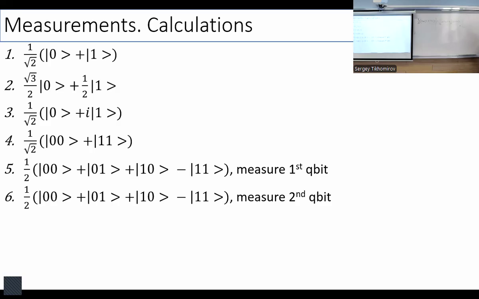Probability 1/2, output 0, state 00. Probability 1/2, the output is 1, state 11. Because this is 1, it is multiplied by 1.